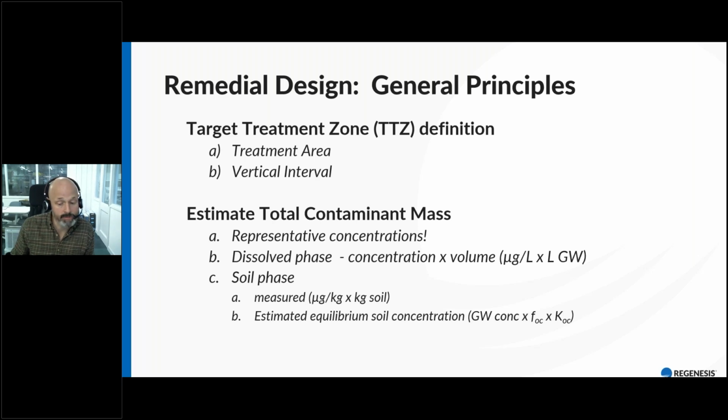Where we don't have representative soil concentrations, then we can use carbon water partition coefficients to estimate soil mass from the groundwater concentrations. If it's barriers, we're going to be more concerned with the amount of dissolved phase mass that's going to be intercepted by the barrier over its lifetime.